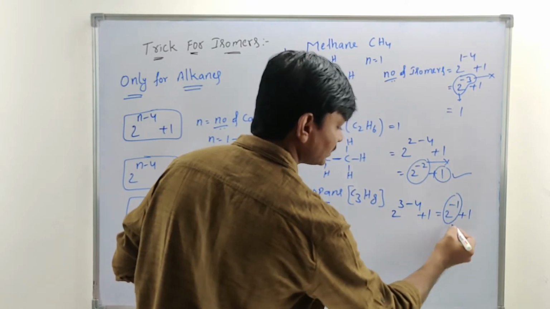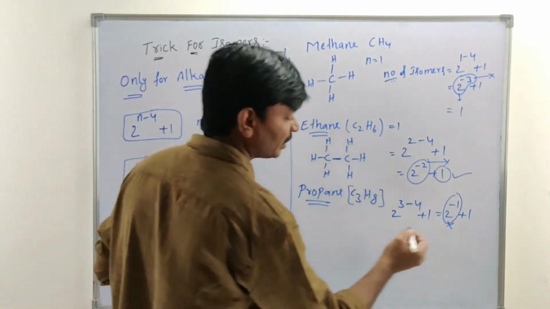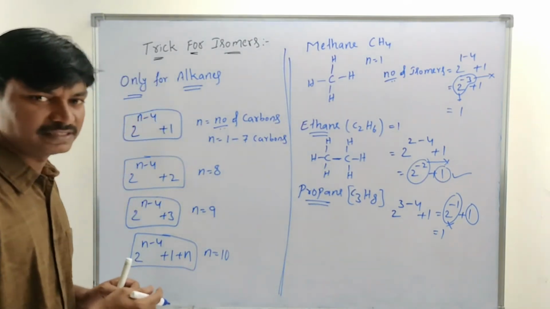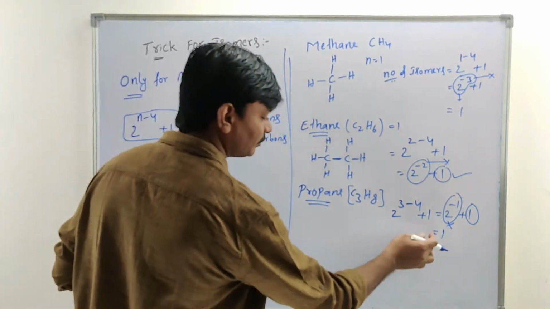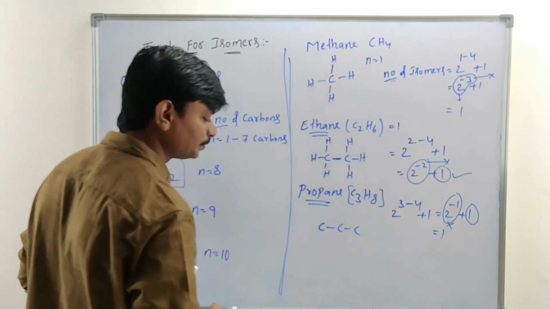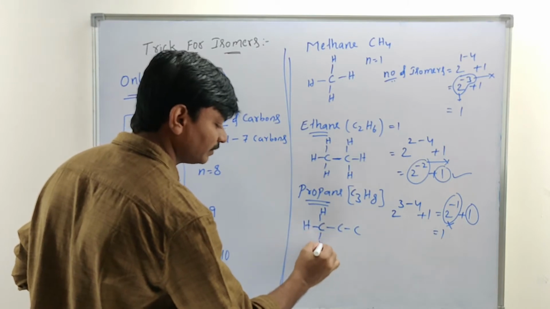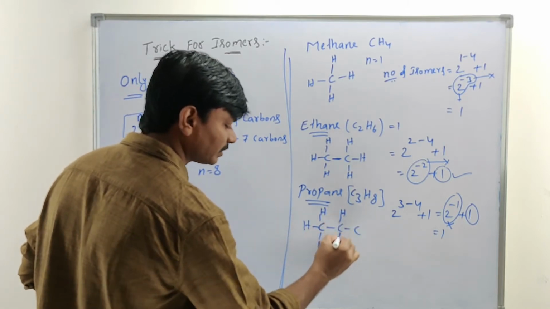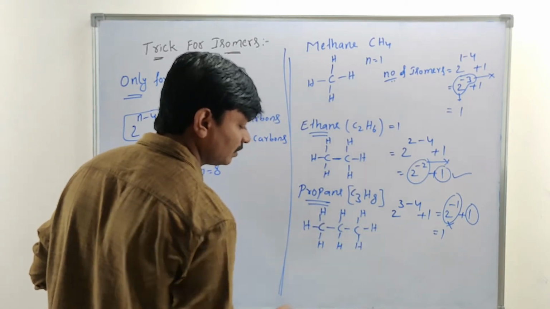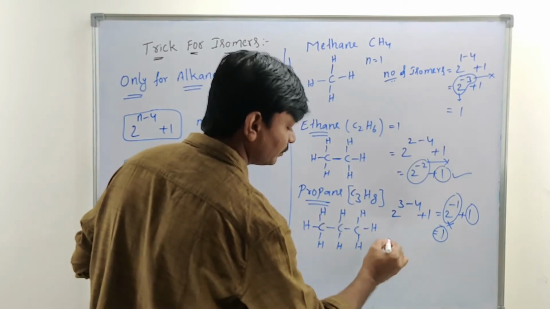The 2 power of minus 1 term will be neglected because of the minus, so the number of isomers equals only 1. Propane means 3 carbon atoms, each carbon having 4 bonds, with the remaining bonds to hydrogen atoms. Clear?